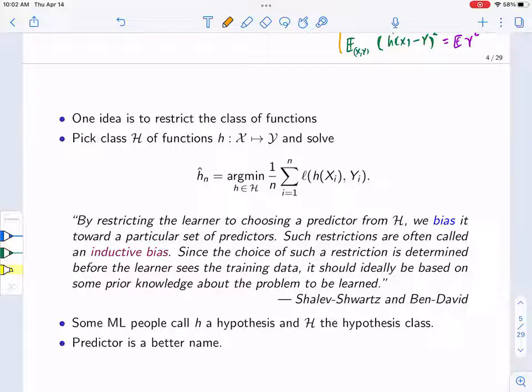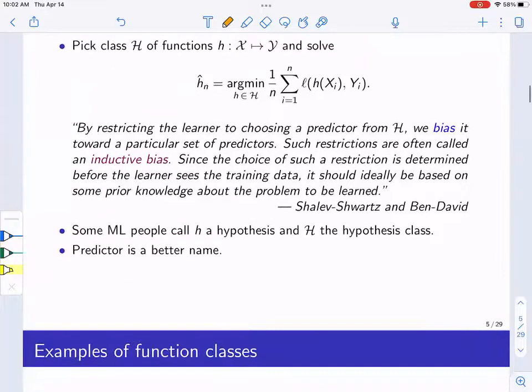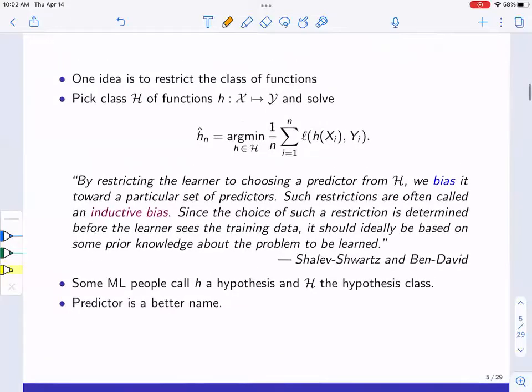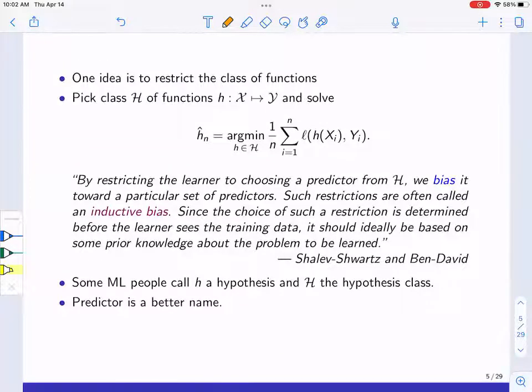Okay. So remember this catchy phrase, inductive bias. It's a machine learning term. It's not a statistics term. Questions? So in this book, you can call H a predictor or a hypothesis.